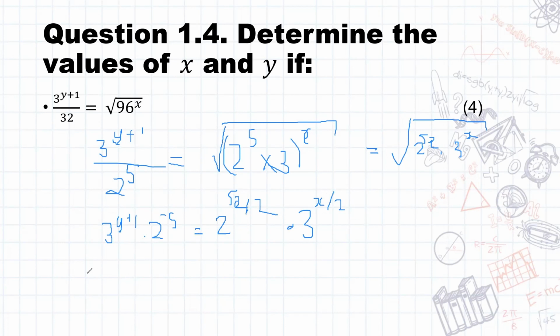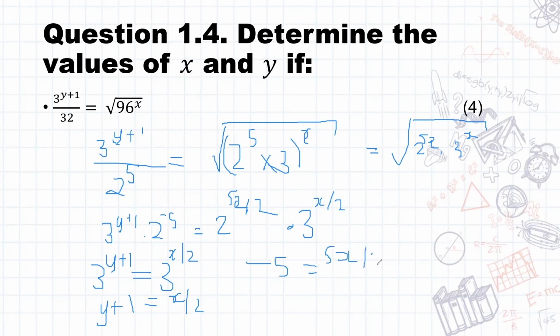So we can say 3 to the y plus 1 is equal to 3 to the x over 2, which means y plus 1 is equal to x over 2. And for the 2's, we've got negative 5 is equal to 5x over 2. Now, this one only has an x in it, so we'll solve for that first. We'll multiply by 2, which gives me negative 10 is equal to 5x, and divide by 5. So negative 2 is equal to x.